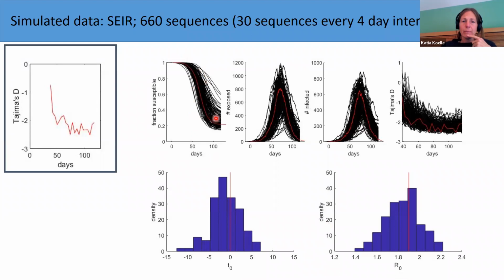Here, the black lines are the reconstructed state variables from the process model. So you can see what's happening to those dynamics as well, and you can see that they hug the true simulated data.